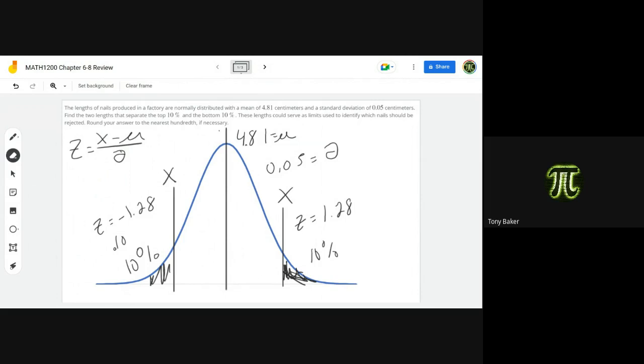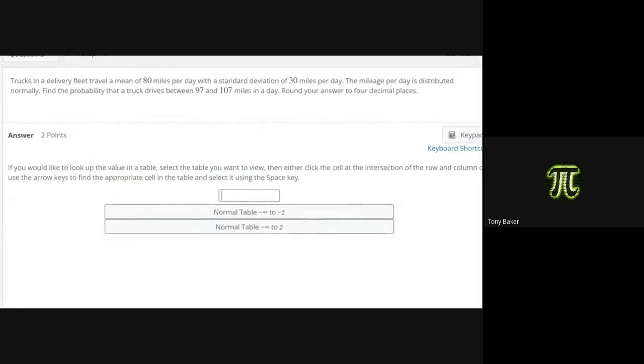But if it was a regular longer term class, I could reteach those types of things. So unfortunately, college doesn't give us that opportunity very much. We good, Cameron? Okay. All right. Next one.